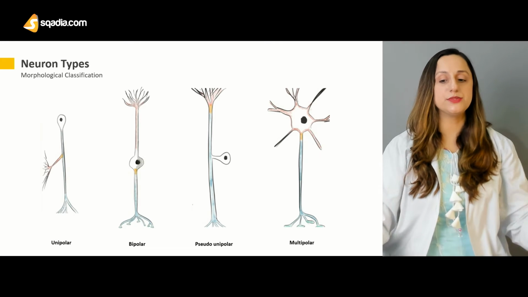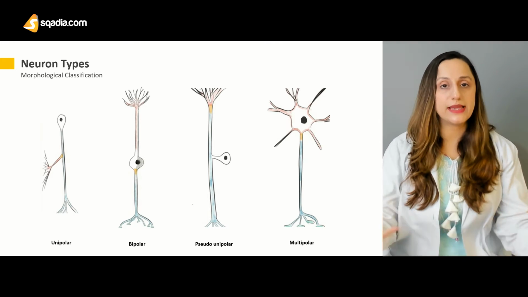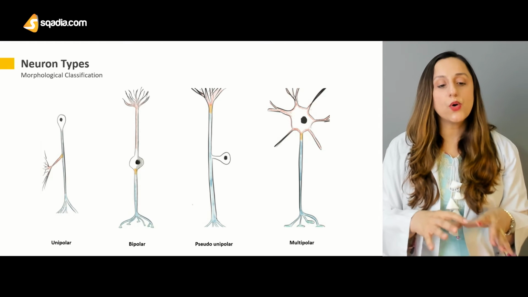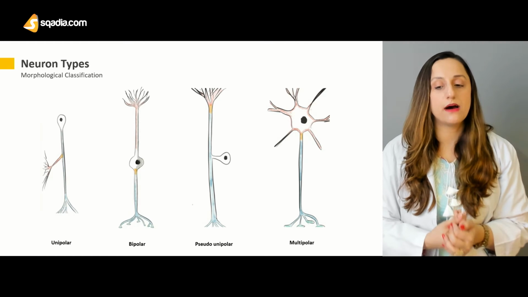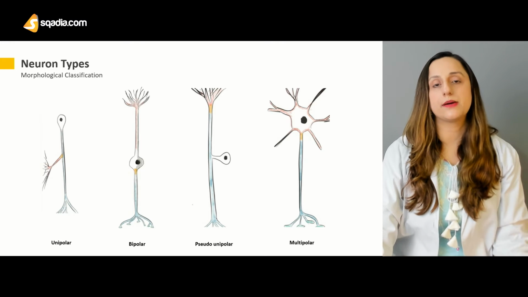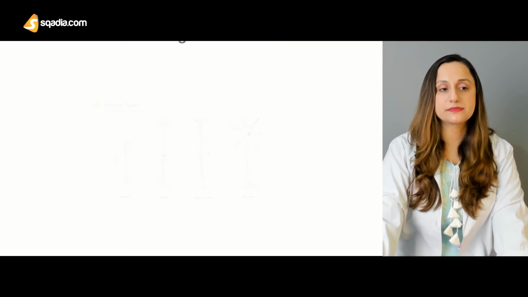And then we have the multipolar neurons, in which different axons and different dendrites are basically responsible for the communications in the surroundings. The majority of the neurons that we usually come across are multipolar in nature.